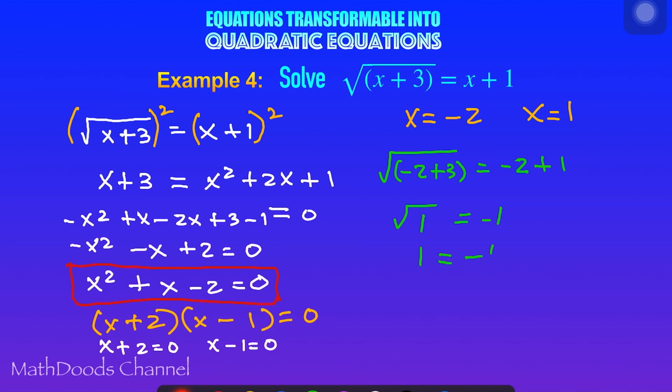Tapos, negative 1. False. Yung x is equal to negative 2 ay extraneous. Ito. Extraneous root.